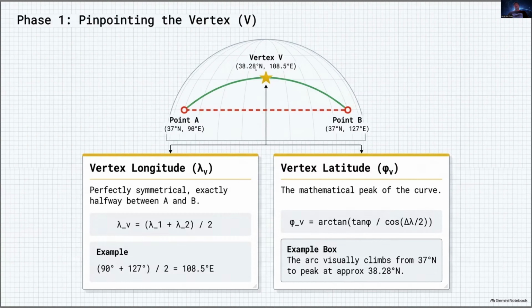Pinpoint the vertex: mark V on the map with the calculation of the XY plane. X equals A, Y equals B.